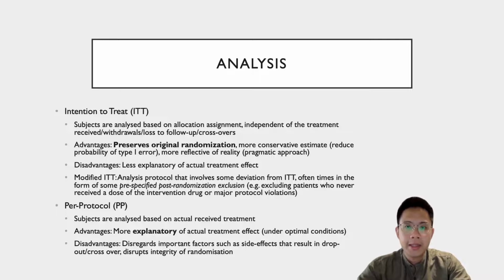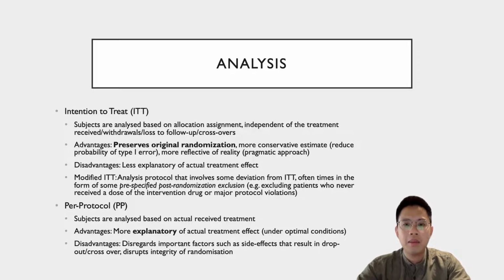So if your analysis reshuffles the original randomization groups, then we ultimately lose the benefit of the randomization, and we run into problems with having to deal with confounders again.